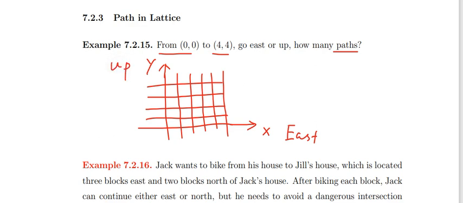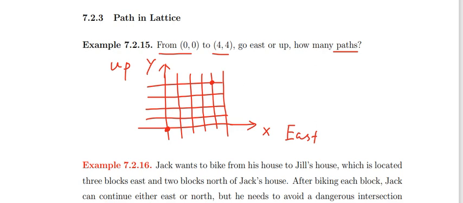So the question is, from 0,0 to 4,4, 1, 2, 3, 4 and 1, 2, 3, 4. From this point to this point, how many ways? We can only go east or up.